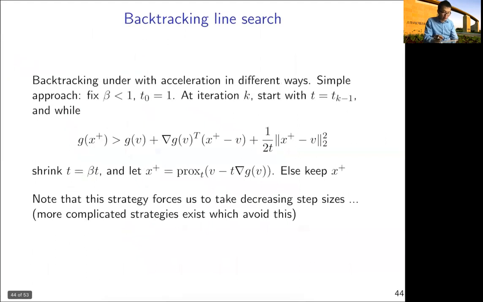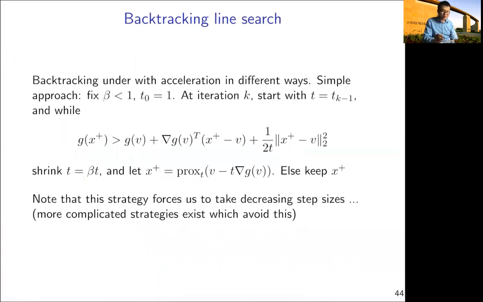Okay, so there's also a method that was known to allow you to choose this learning rate t_k adaptively without knowing what the global gradient Lipschitz constant L is.